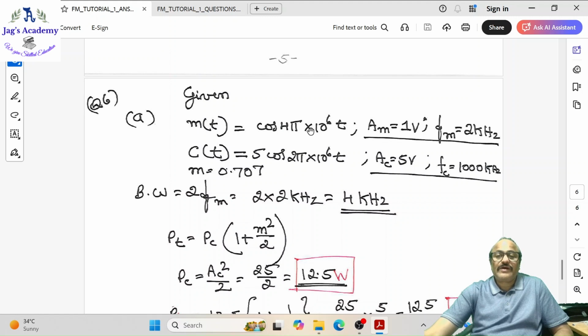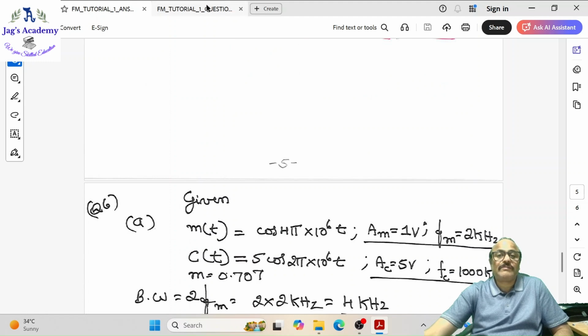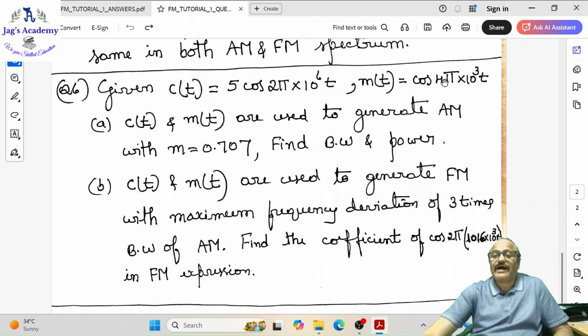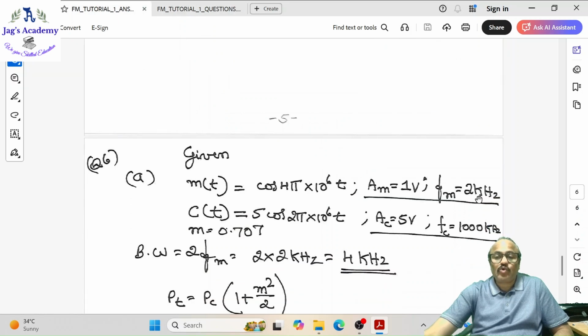Now you can see 2 pi into 10 to the power of 3, so it is fm is 2 into 2 pi into 10 to the power of 3. That means 2 kilohertz. So it is cos 4 pi into 10 to the power of 3 t. It is not 6. We just make a correction here.